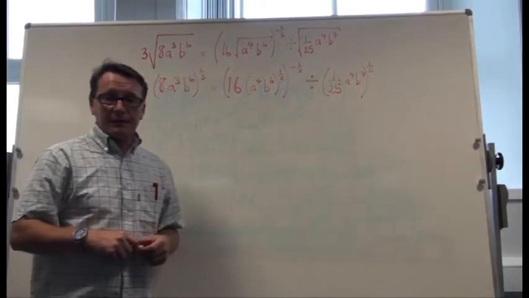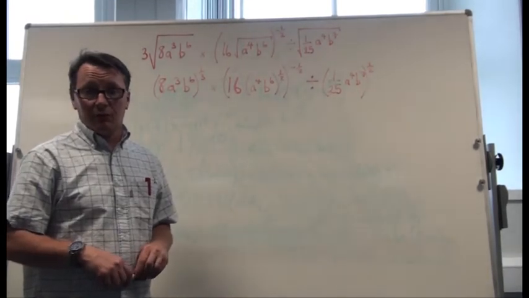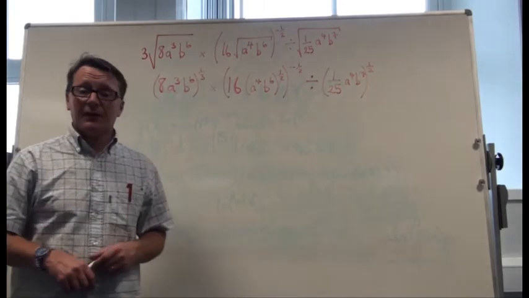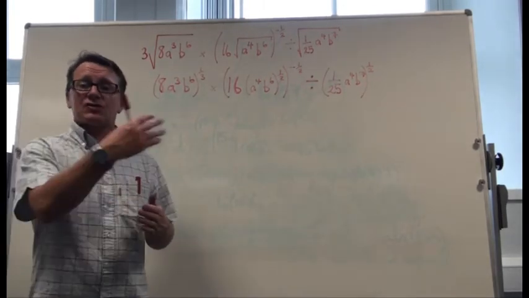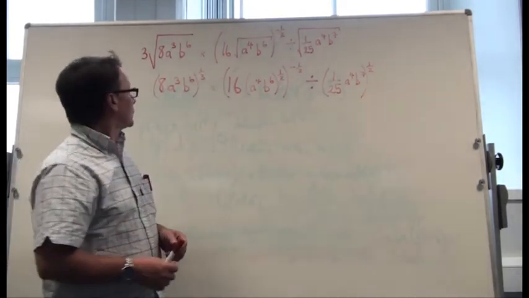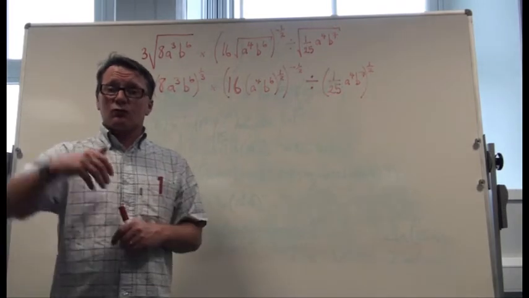Okay, then it's use the rules of indices. The rules of indices say if you've got a power raised to another power, then you can multiply the two powers together. So in this case, each of our expressions is a lot of things raised to a power.